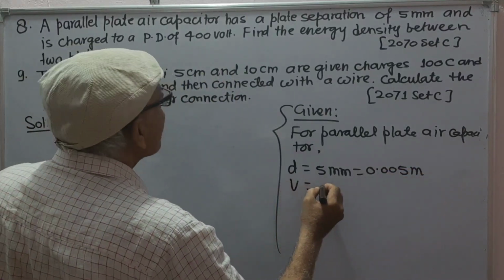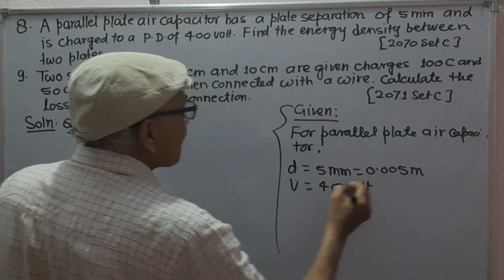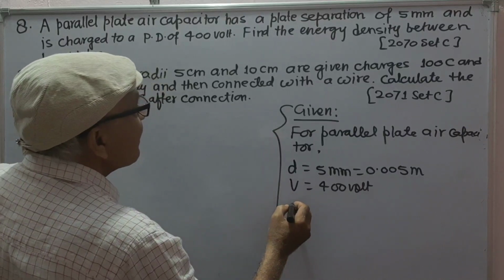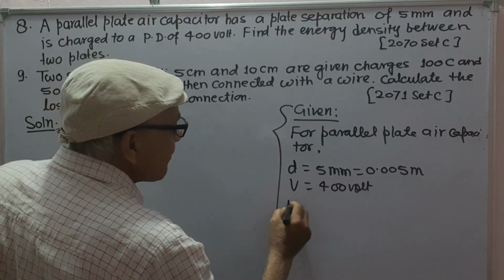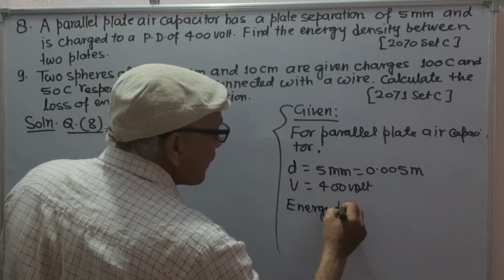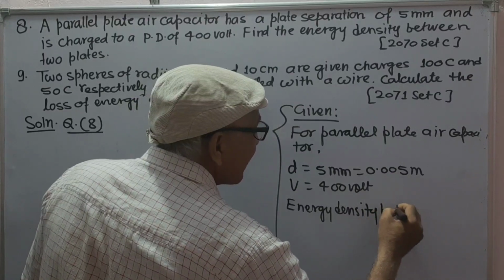Potential difference between two plates is 400 volt. We have to find the energy density between plates.